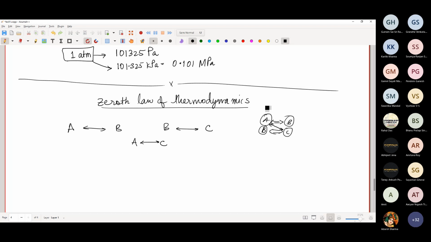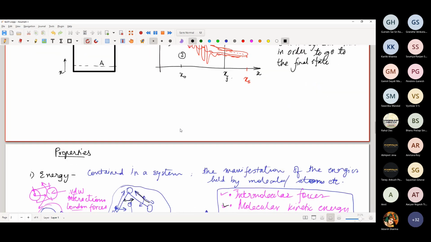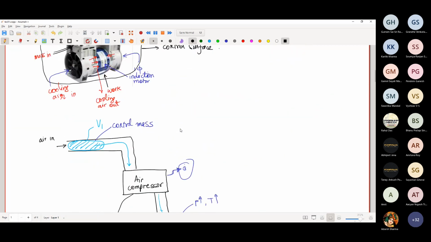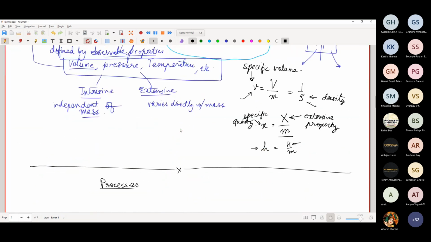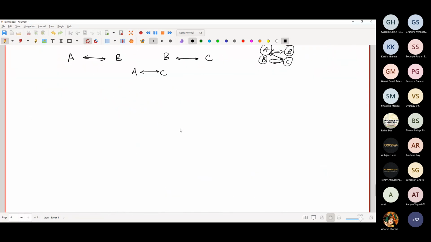We've just finished the chapter on some general concepts: control mass, control volume, isolated system, intensive property, extensive property, quasi-equilibrium process, and some properties, energy, temperature, pressure. So now I will create a new file.